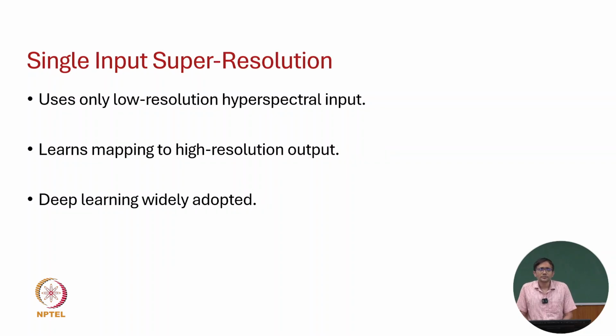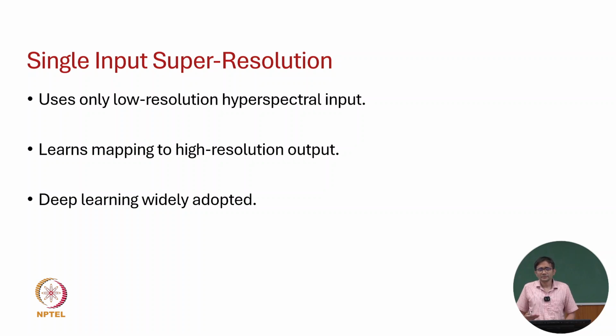So the first possibility we'd like to consider is single input super resolution. So in the case of the single input super resolution, we'll use only low resolution hyperspectral input. And with this, we need to somehow learn mapping to high resolution output.